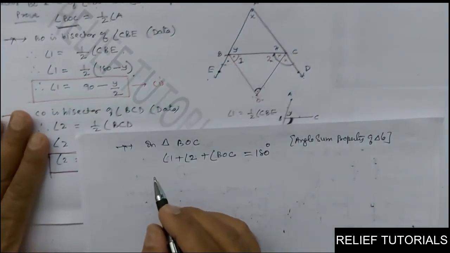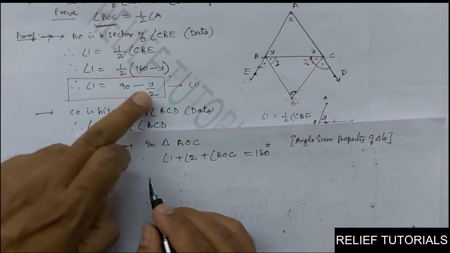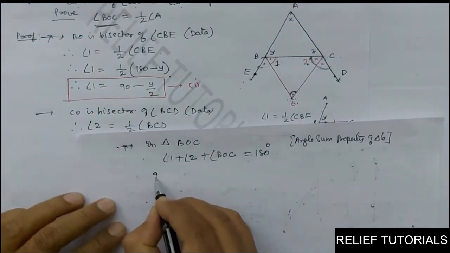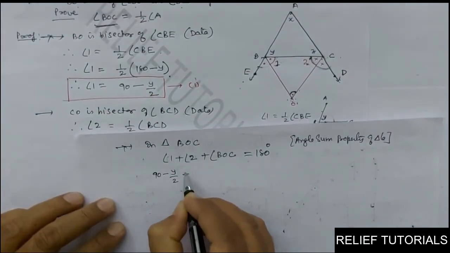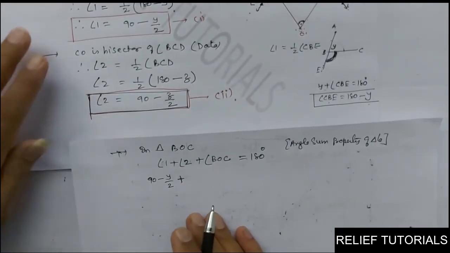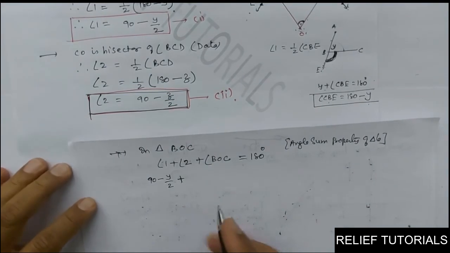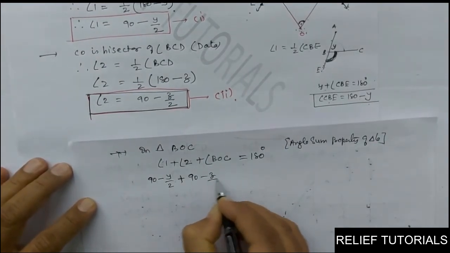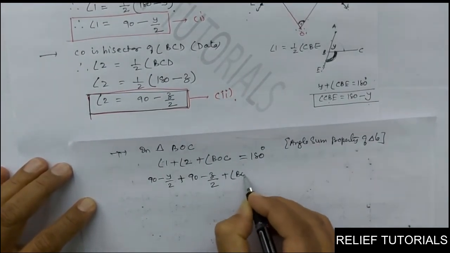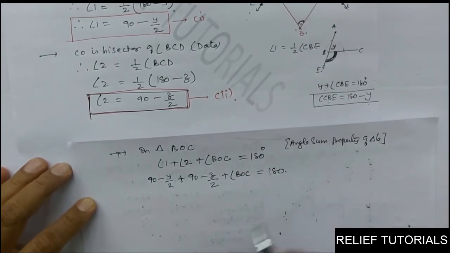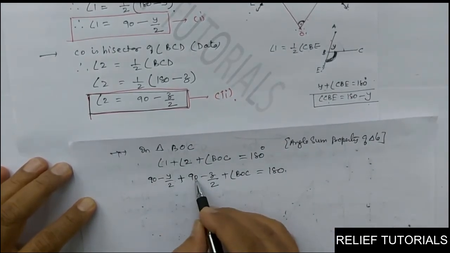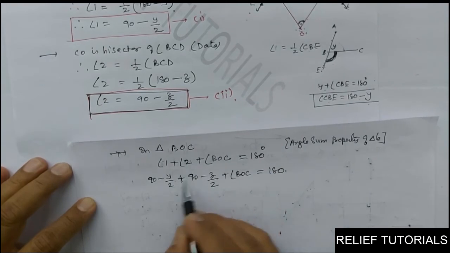How much is 1? 1 is 90 minus y by 2. So, in place of 1, I can write 90 minus y by 2 plus angle 2. How much is angle 2? 90 minus z by 2. So, I can write here 90 minus z by 2 plus angle BOC is equal to 180. 90 plus 90 is 180, so 180 and 180 will get cancelled.